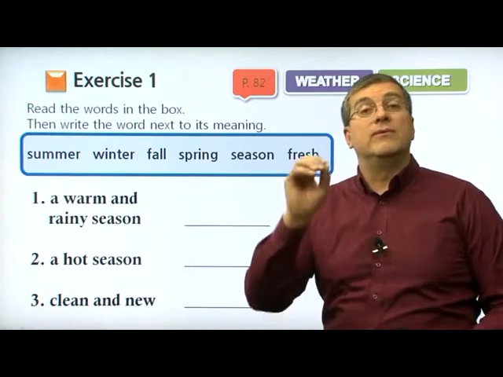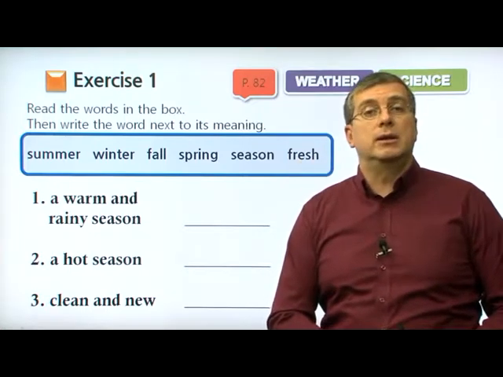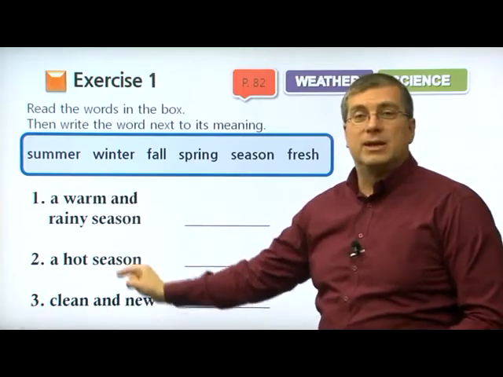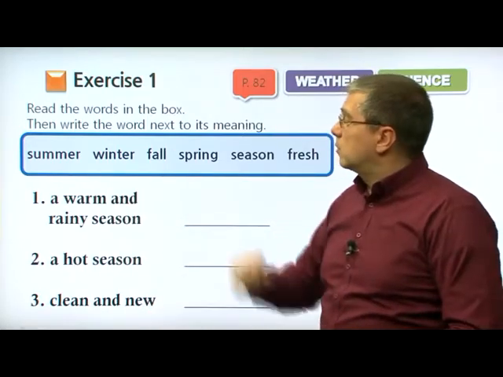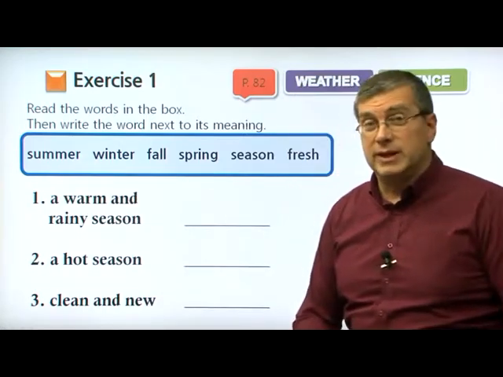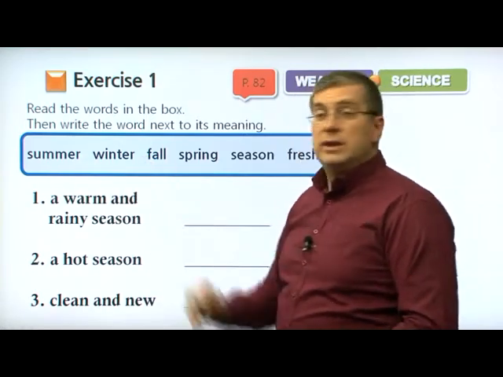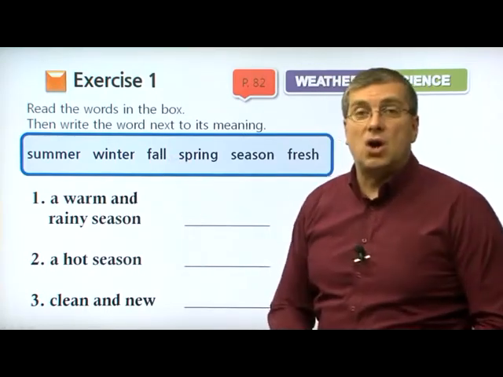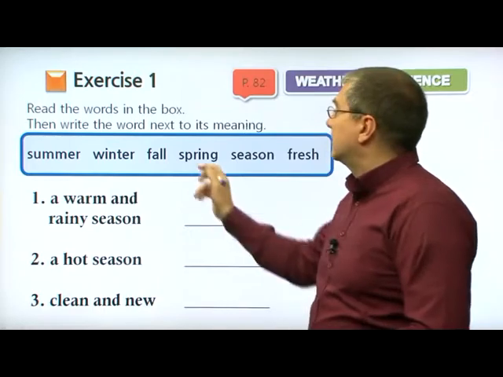Now it's time to review the words we just learned. Match some of those words with their definitions. Let's take a look. Let's review the words first. The words that we have here are summer. It's one of the seasons, summer. Next one is another season, winter. Next is fall, another season, and spring.